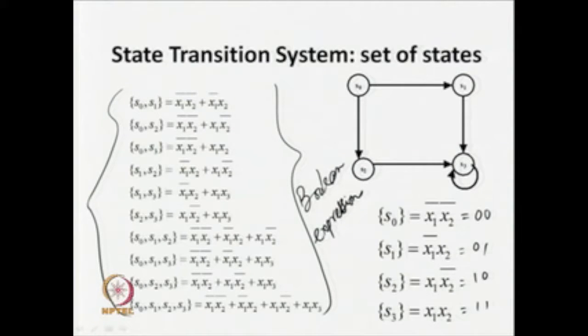Okay. Once we have this Boolean expression, then what can we do? We can construct a BDD for those Boolean expressions. Now, you can see that sets of states can be represented with the help of BDDs, or in particular ROBDDs, reduced ordered binary decision diagrams. And we are going to get a unique representation if we stick to a particular variable ordering.